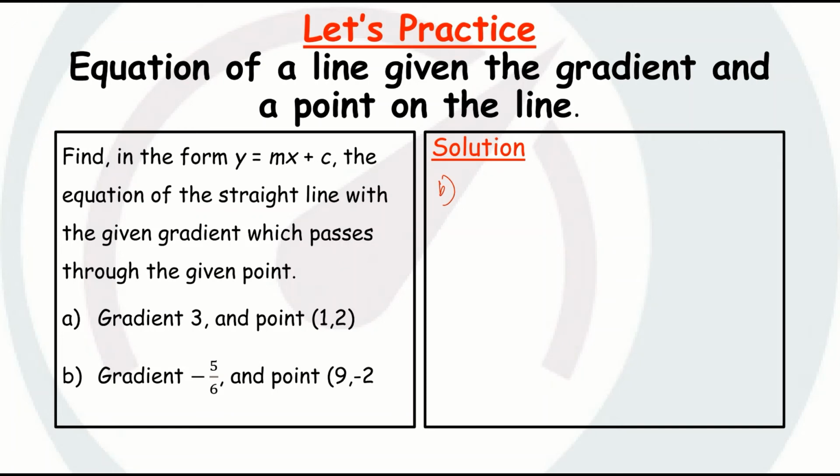And let's go ahead. Let's work B. Our gradient is negative 5 over 6, given our coordinate (9, negative 2). So we know m is equal to negative 5 over 6, and our point (9, negative 2) gives us our x1 and y1, and the point gradient form is y minus y1 is equal to m, open bracket, x minus x1.